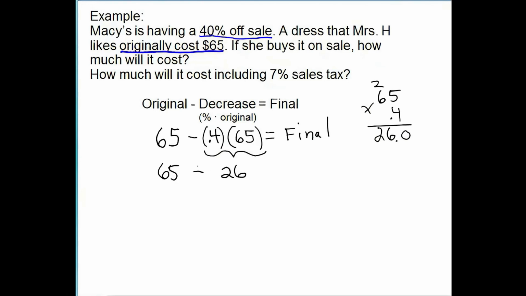We'll subtract that from the original. Will give us the final. So 65 minus 26 gives us $39 for the final.